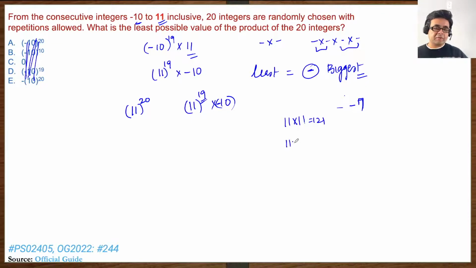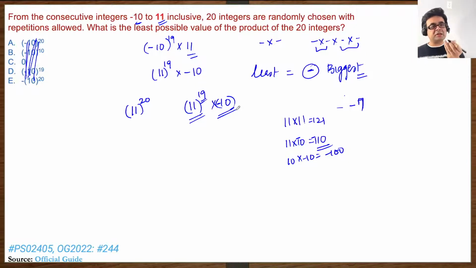However, 11 multiplied by 10 is 110, and I could have minus 10 here to give minus 110, which will be the least number. Any other option, minus 10 multiplied by minus 10 or 10 multiplied by minus 10, will be 100. So the trick here is to find the largest magnitude along with a negative sign.